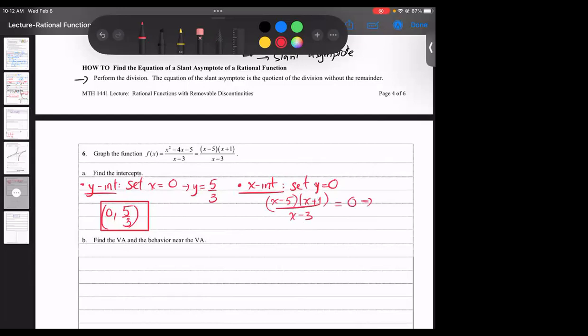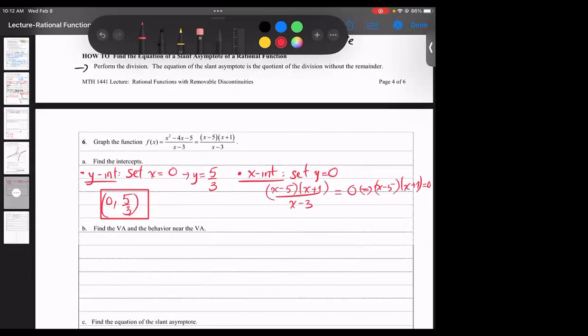This is the same thing as x minus 5 times x plus 1 equals 0. Well, if two numbers multiply to 0, at least one of them is 0, right? So either x equals 5 or x equals -1. So I have 5 comma 0 and -1 comma 0.